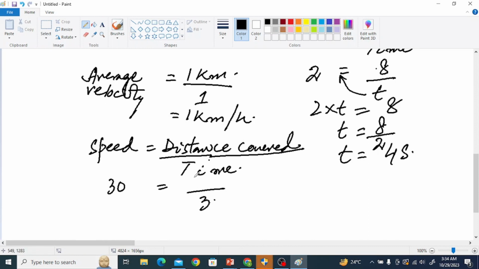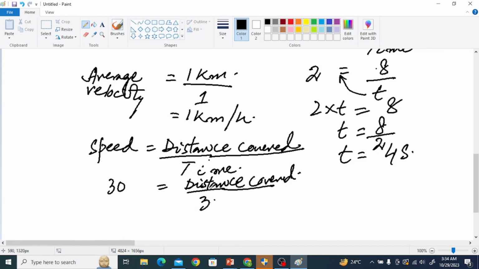You have to find the length of the train, that is actually the distance traveled for this duration by the train, which is exactly equal to the length of the train. So this distance covered is actually giving us the length of the train.